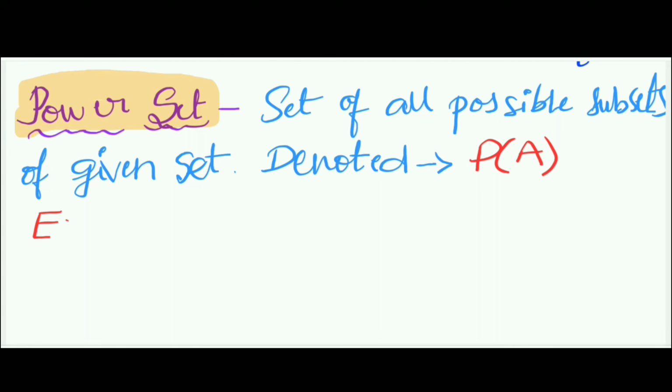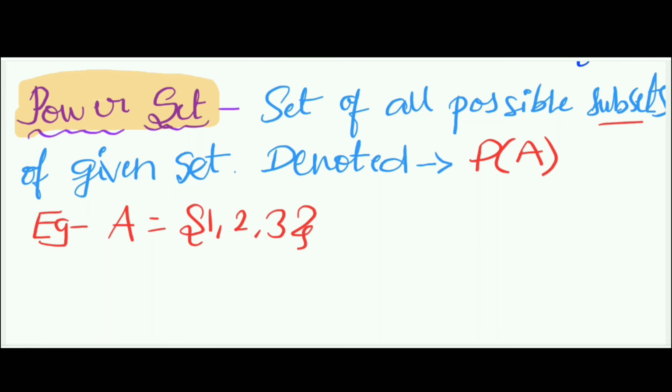So I will take one example, suppose one set is already given to us. If I take set A as 1, 2, 3, that's it. And for this, we have to find all the possible subsets.